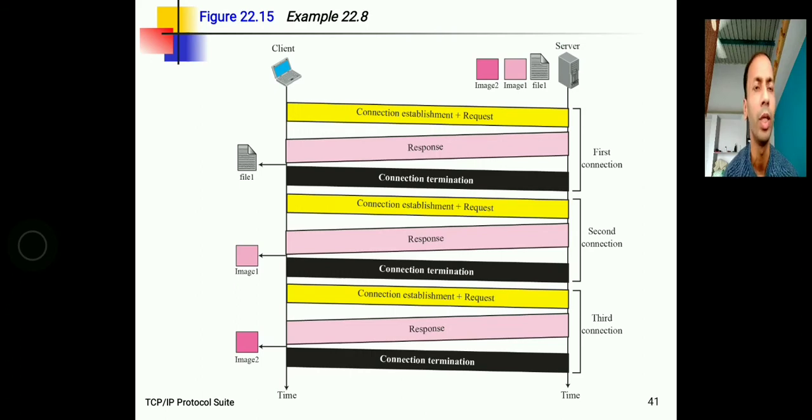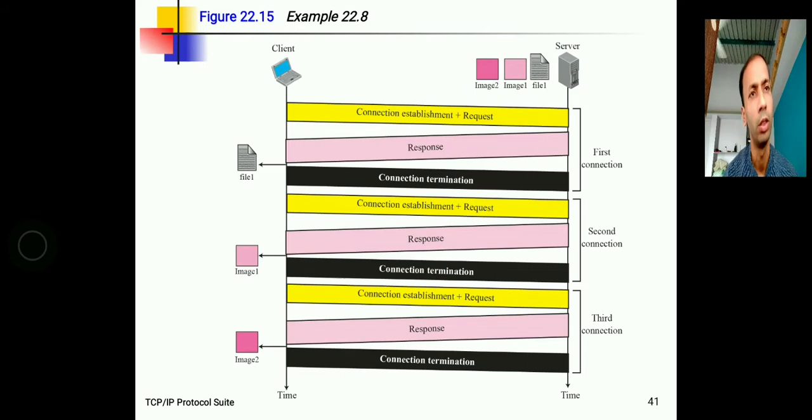So again the client makes the request to the server, the connection is established, and the first file, that is image 1, is transferred to the client side. Again that connection is terminated. Still the image 2 file is remaining. So again the client makes the request to the server, the server accepts the request, and at this time the server sends the second file, that is image 2, to the client, and the connection is terminated.